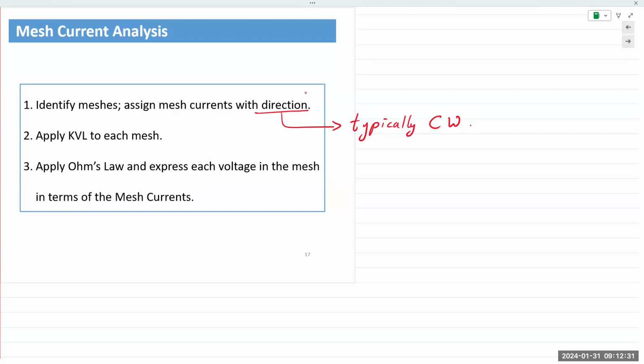We identify meshes, assign mesh currents, apply KVL to each mesh, generate our equations, then apply Ohm's law to each resistor voltage and express it in terms of the mesh current itself. V equals IR. And then you solve the equations.